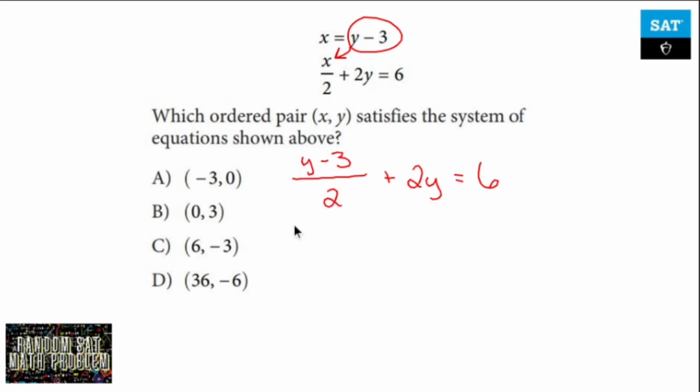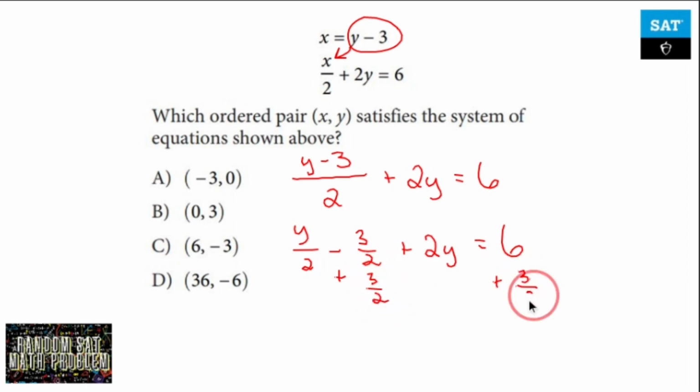It's probably if I just divide these individually. I was thinking, do I want to multiply everything by 2? But now I'll just divide by 2: minus 3 over 2 plus 2y equals 6.